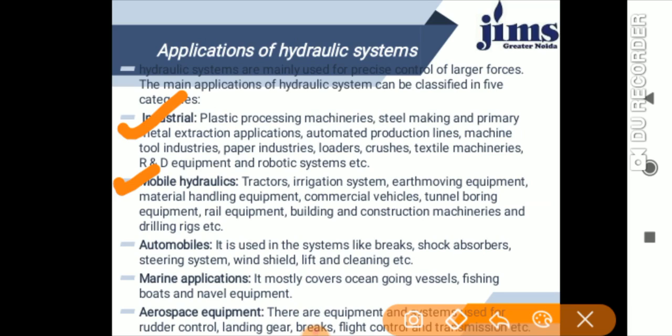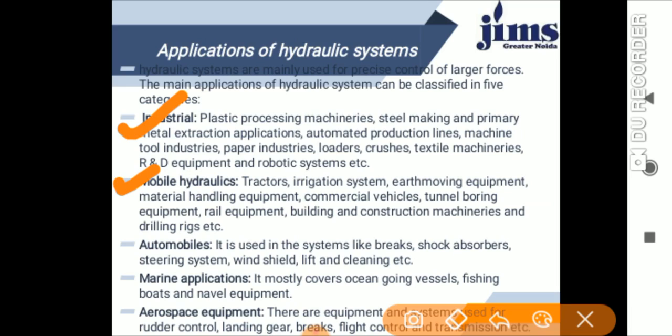Earth moving equipment, material handling equipment, commercial vehicles, tunnel boring, which is very popular nowadays, then rail equipment, building and construction machinery, and drilling rigs, etc. These all come under mobile hydraulics.